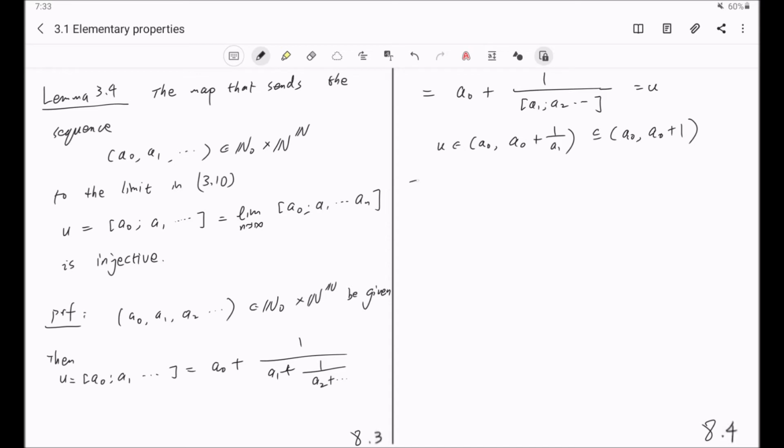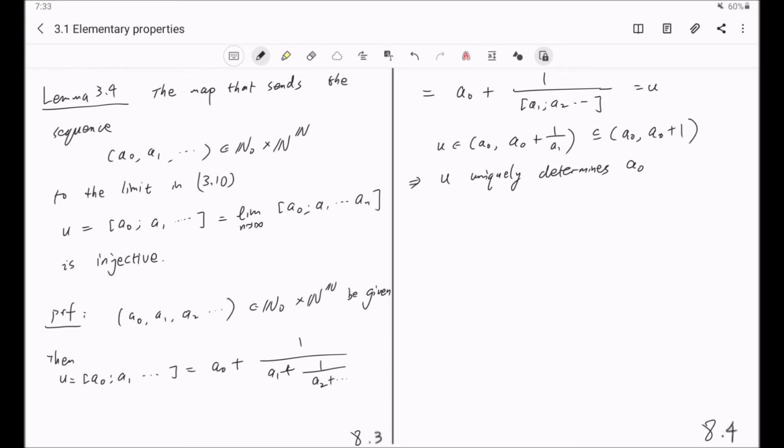So what does this tell us? This tells us that u uniquely determines the non-negative integer a0.